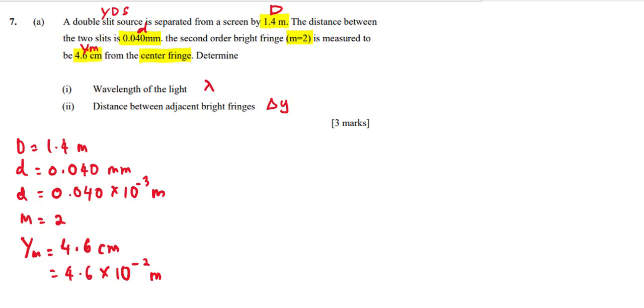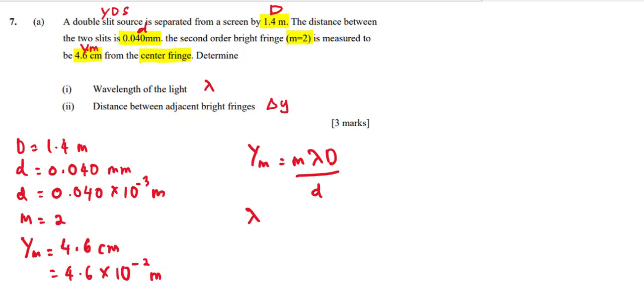So we have to take out all the information now using the correct formula. Which formula are we using? Since we are going to find the lambda, we are going to use the formula ym equals m lambda D over d.